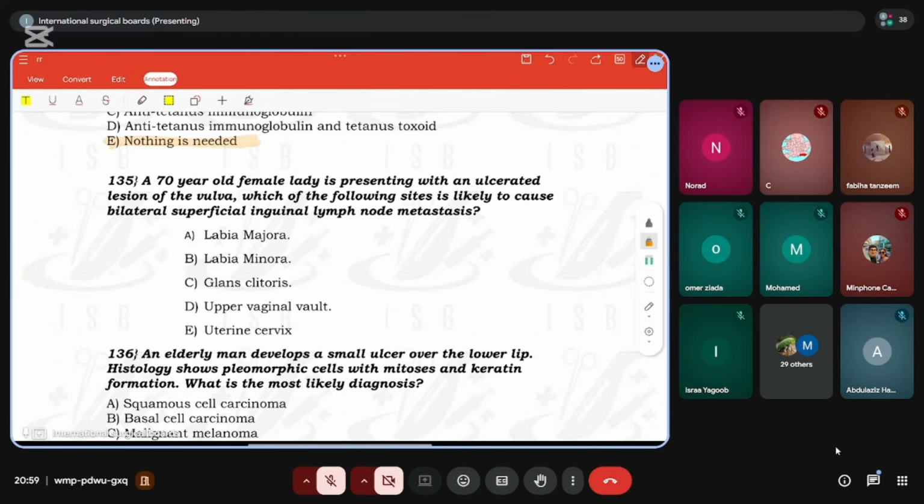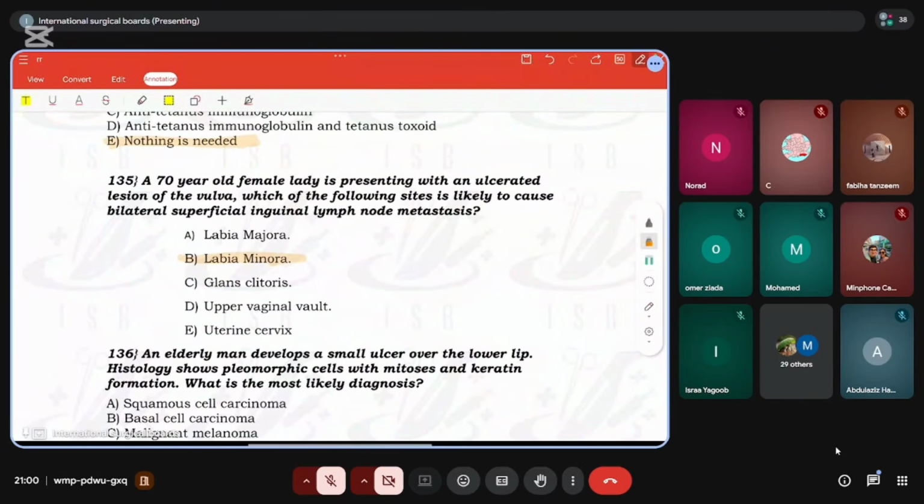There is a general rule in anatomy, you can take it in any place. Any midline structure usually gives bilateral lymphatic drainage. Anything in the midline, for example, tongue in midline gives bilateral, right? Anything that is midline will give bilateral metastasis.